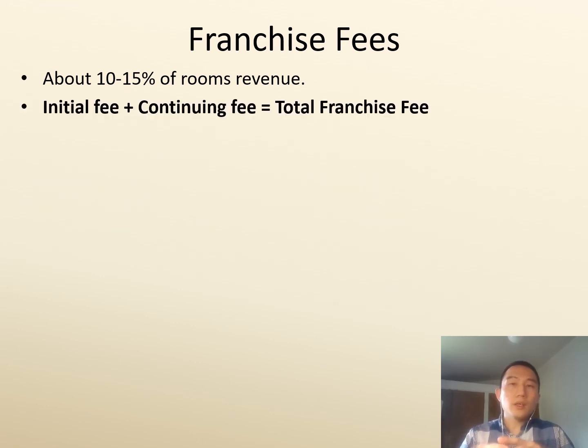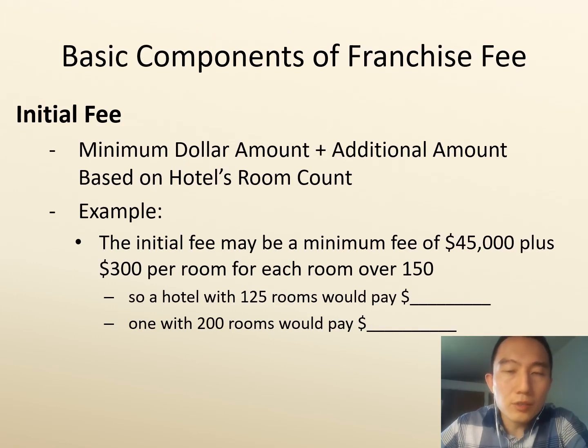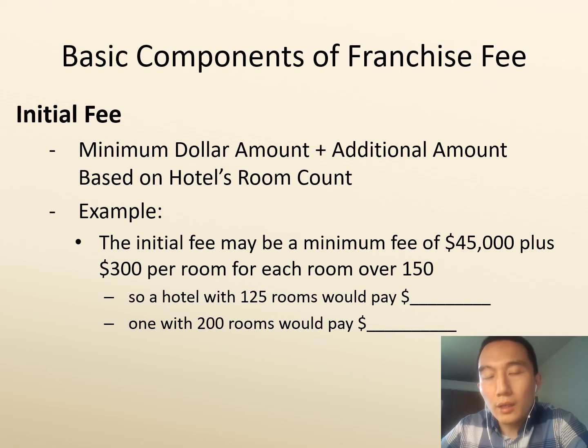So here is the basic structure of a franchise fee. A franchise fee consists of the initial fee and the continuing fee. Now let's take a look at the initial fee. The initial fee usually has two components. One is the minimum dollar amount. The other is an additional amount calculated based on the hotel's room count.